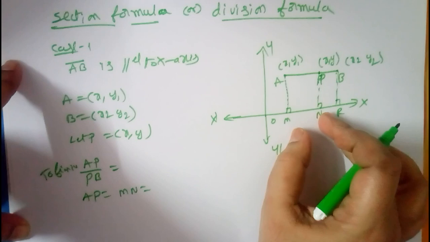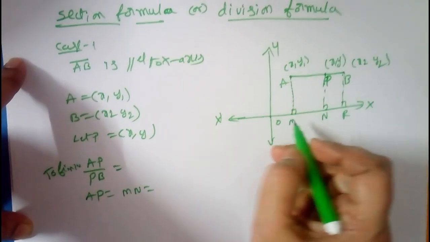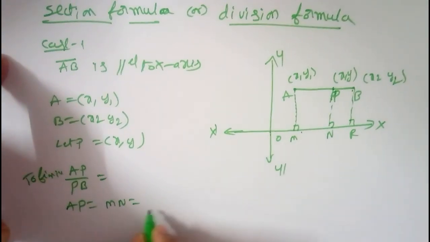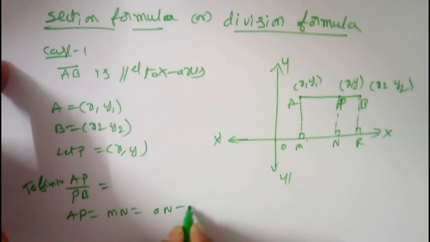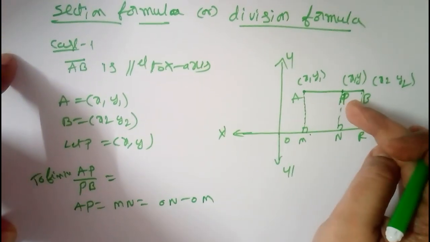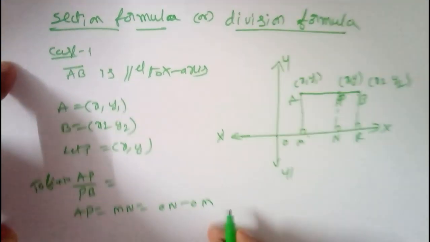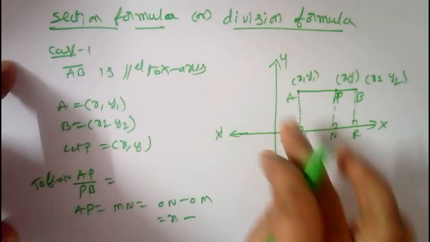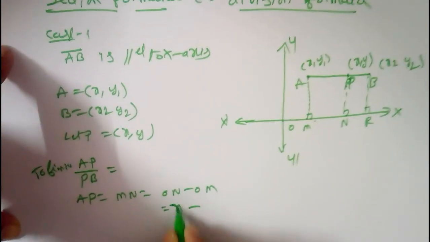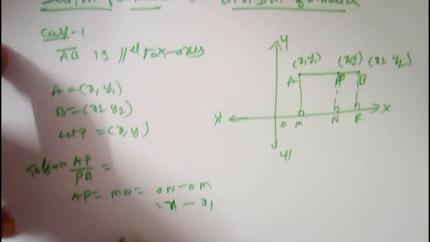Now what is the MN value? The perpendicular distance: MN is equal to ON minus OM. So what is the ON value? ON is x, minus the OM value, which is x1. So x minus x1.